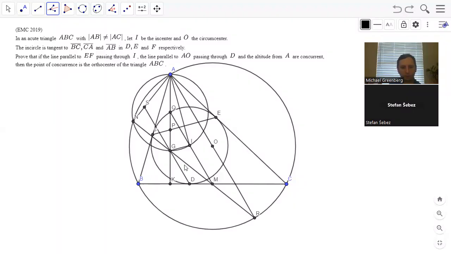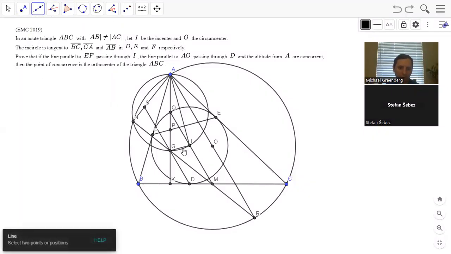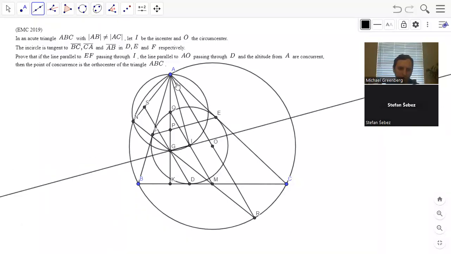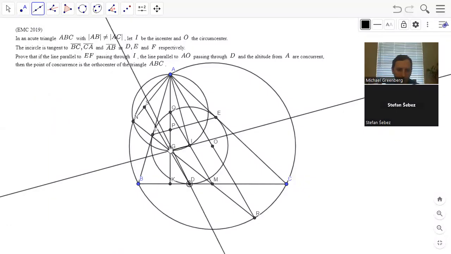Okay, so that's the same as saying this line. So let's draw IG. It's the same as saying that this angle equals this angle, which, yeah, maybe I should draw this line all the way.